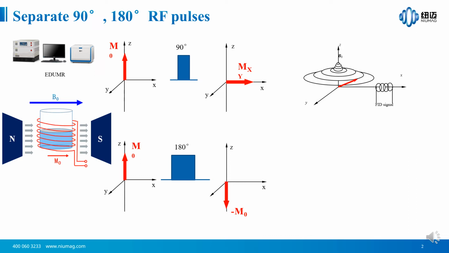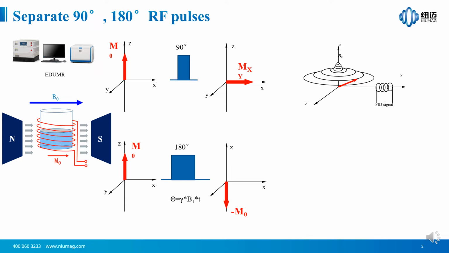This is the deflection angle. Gamma is the gyromagnetic ratio.